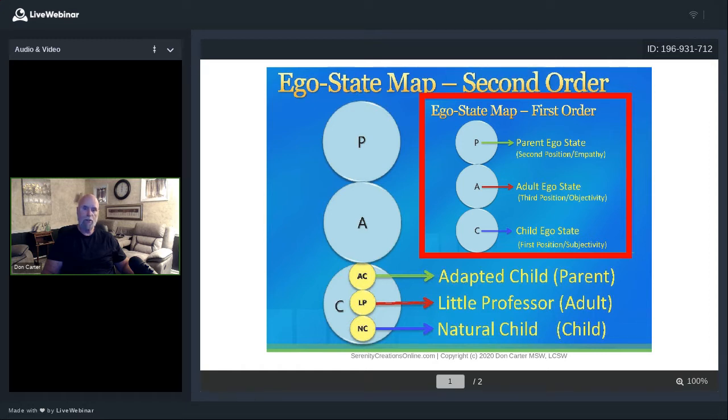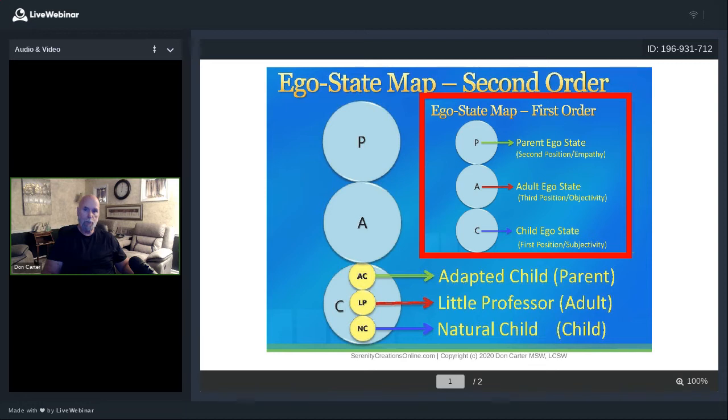And in the ego state model, there's a parent part of our personality, an adult part, and a child part. And of course, the child parts are created in childhood, and then the other two develop along the way. The child ego state is what we can call first position, or all about me, what I want, what I need, what I feel. That's the position of subjectivity.